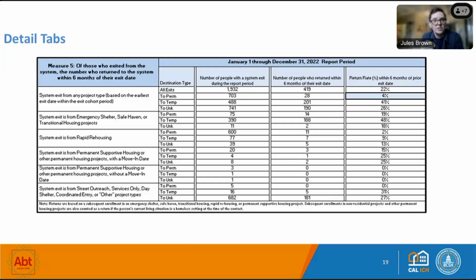For each of those sections, we show you how many people had one of those system exits during the report period, and how many of those people returned within the 6 months following their individual exit date. And then we show you that rate. The rate is what is used as the measure, I believe, in this case. Or actually, I think the number might be used in this case, but then the rate is maybe used in measure 7.